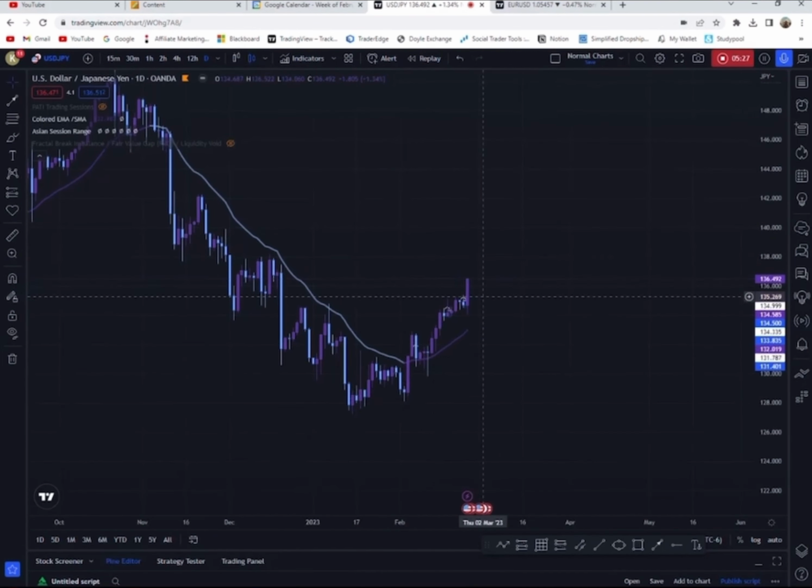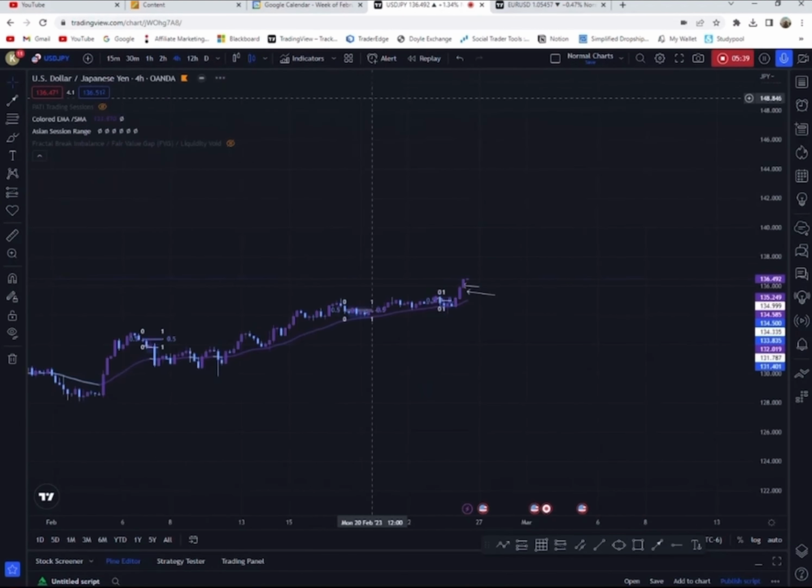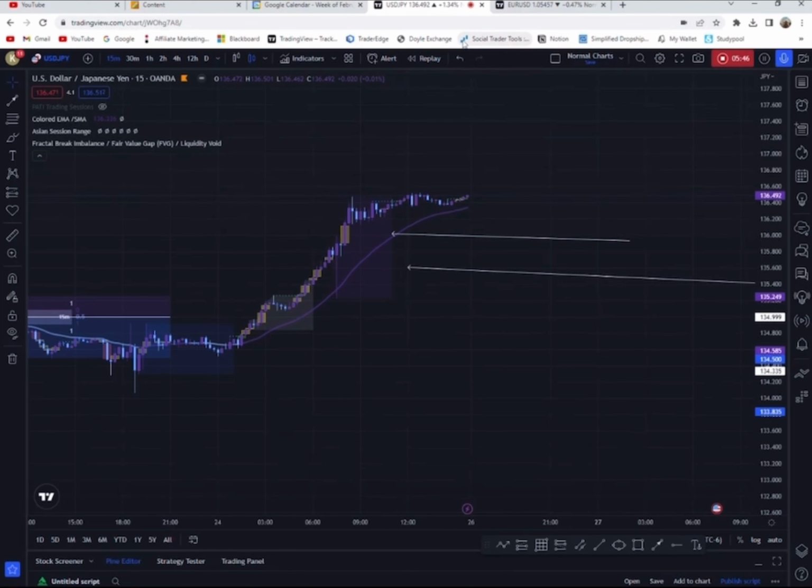We crossed above the moving average on the daily time frame, and as you see here, we are in a bullish market from a swing structure perspective, an intraday structure perspective, and a session structure perspective. All around, we are bullish on USDJPY.